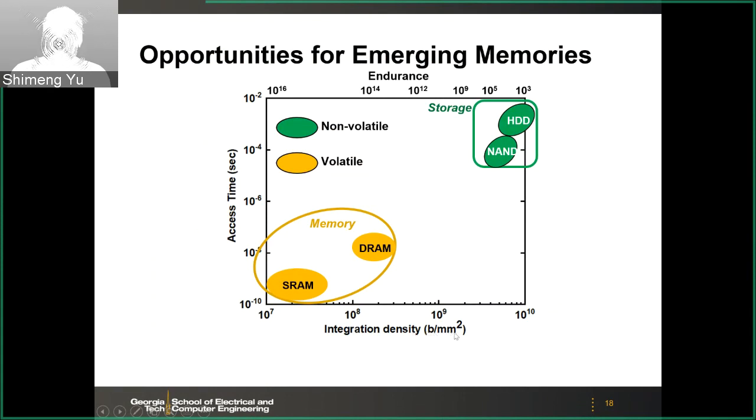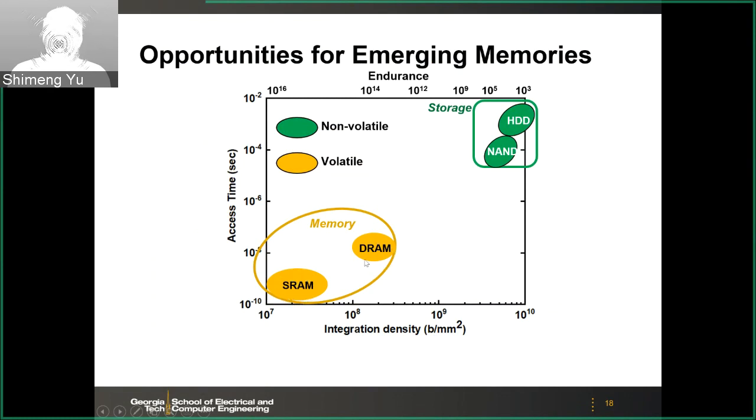Think about 1 square millimeter of silicon area and how many bits you can pack into it. The mainstream technology SRAM is in this corner, because the speed is nanoseconds, and the density is only about 10 to the power 7 bits per square millimeter.